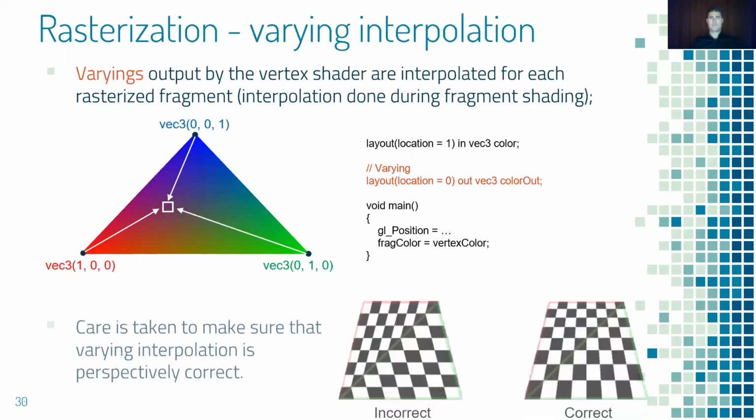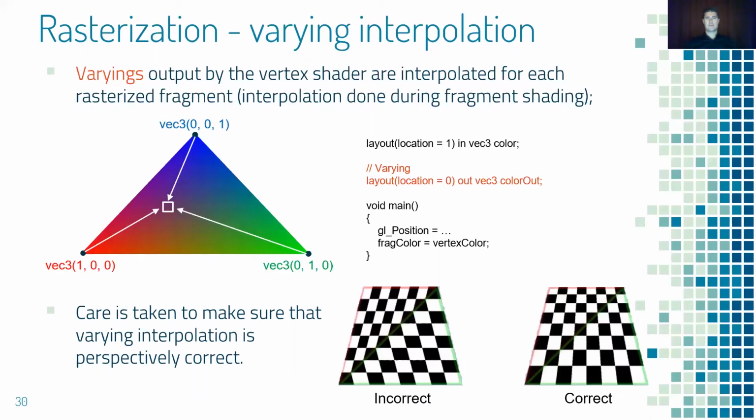So one thing to remember is that this varying interpolation is perspective correct. These two images on the bottom right part of the slide show what happens when the varying interpolation is not perspectively correct and when it is correct.